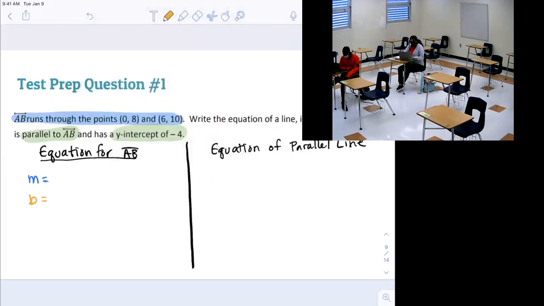Okay, so Perla says that B is -4. So that is true of the new line. Right now I'm only talking about the old line. I know that my new line is going to have a B of -4. But do I know the y-intercept of the original line?